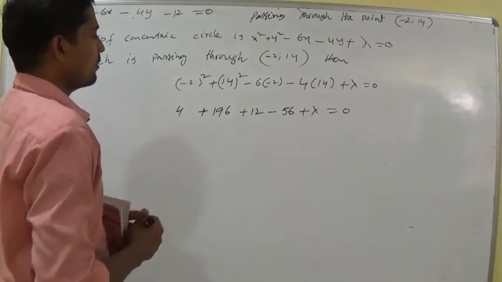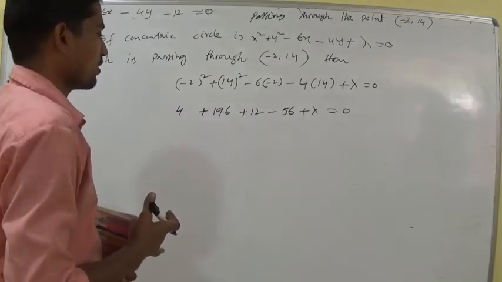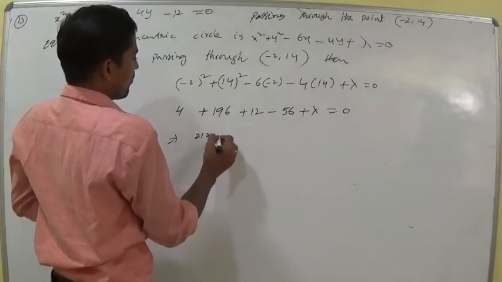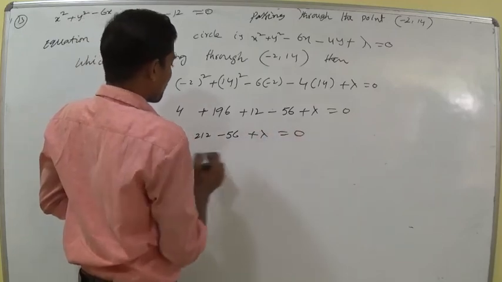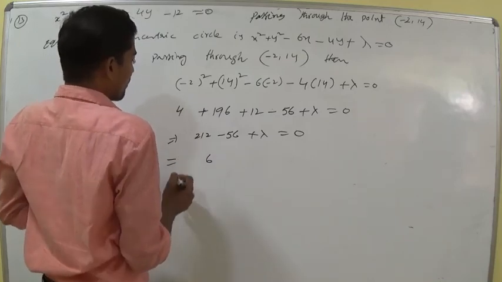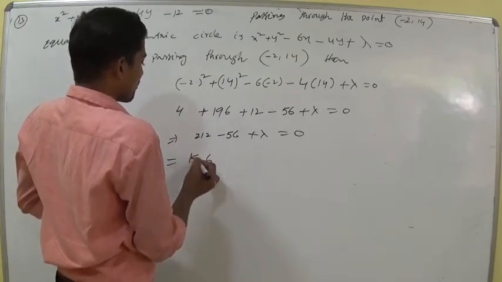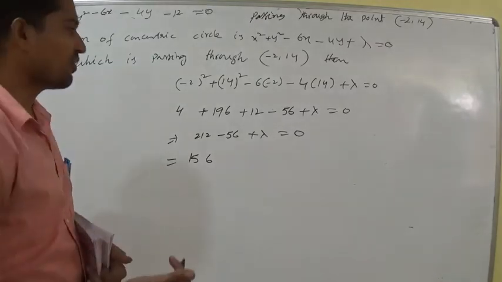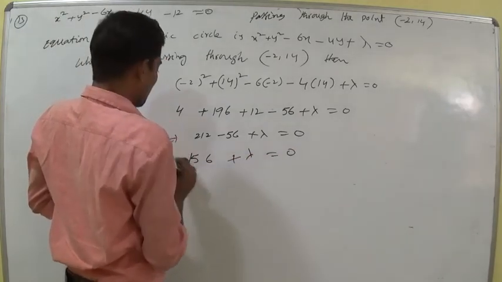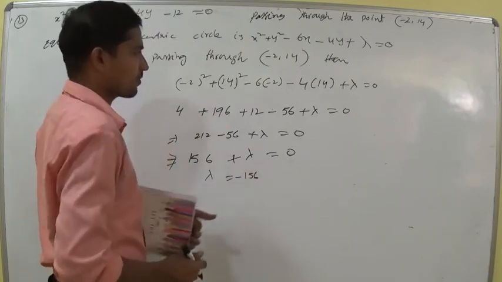See here, 212 minus 56 plus lambda equal to 0, which becomes 156 plus lambda equal to 0, so lambda is equal to minus 156, right?